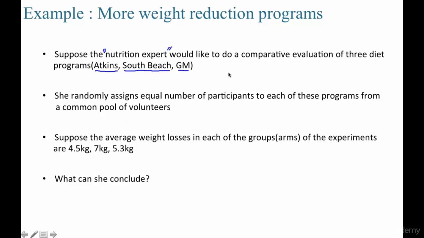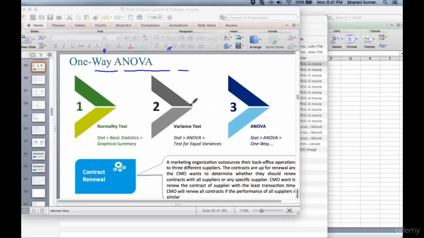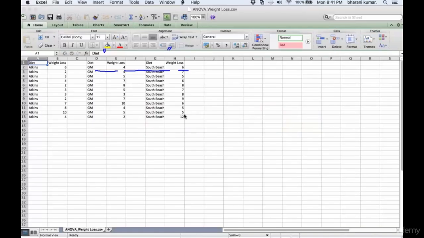And suppose that she randomly assigns a few of the participants to each of these programs, and I have the corresponding data set available. Here we go. So we have this diet program, and to each diet program, this nutrition expert randomly assigns 12 people.